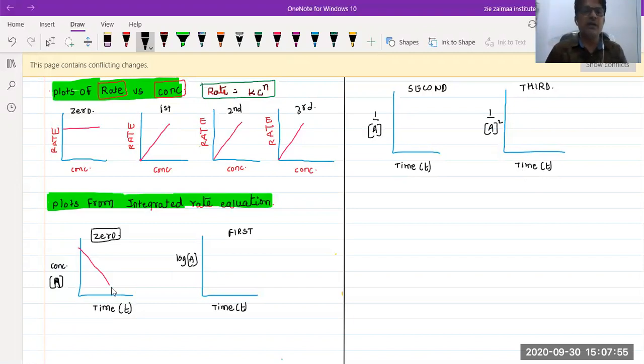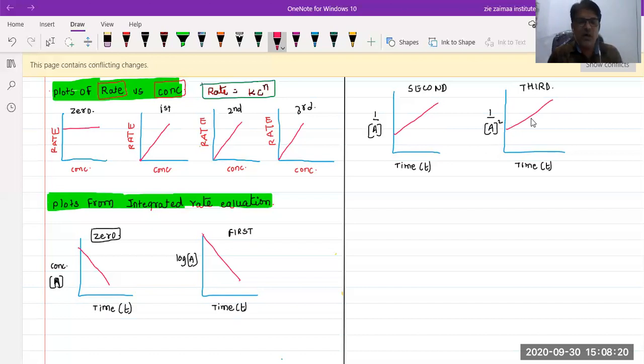These are the integrated rate equations for the different orders. The zero order graph line is drawn like this, and the first order also, and the second order like this with a positive slope, and the third order is also like this. This is the plot from the integrated rate equation.